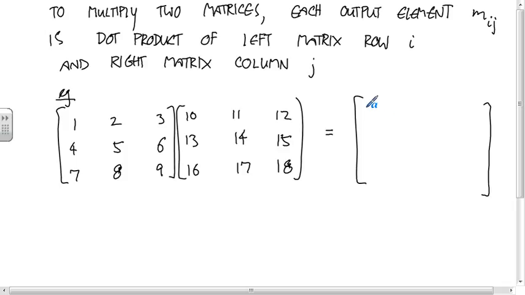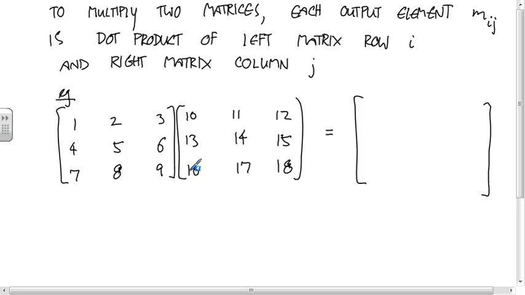To get the value of element 1, 1 in the output matrix, you're going to take the dot product of row 1 in this matrix and column 1 in this matrix. So the dot product here would be 1 times 10 plus 2 times 13 plus 3 times 16.